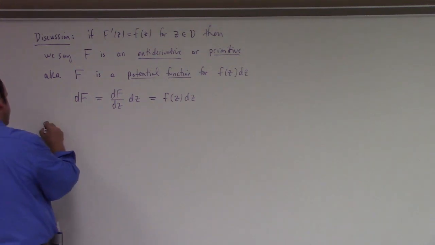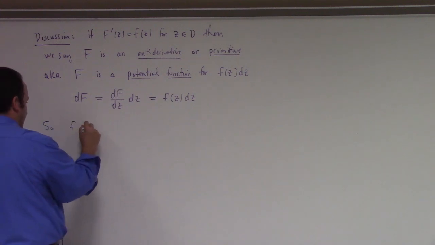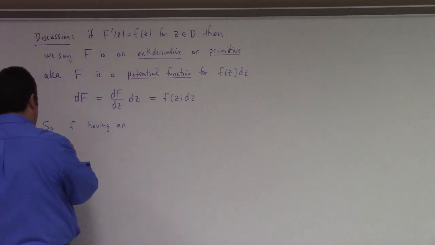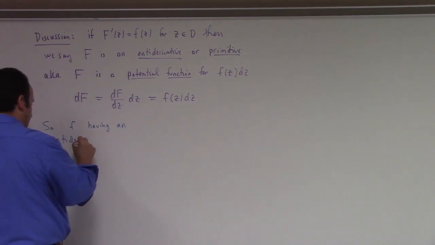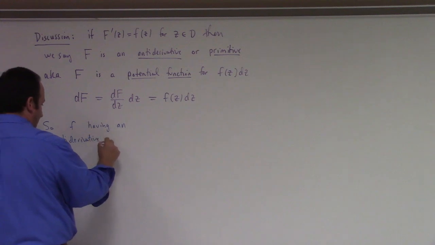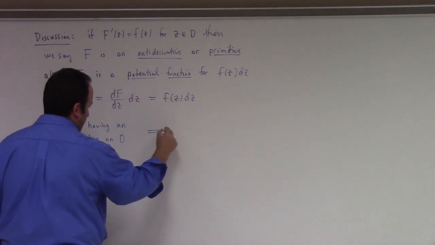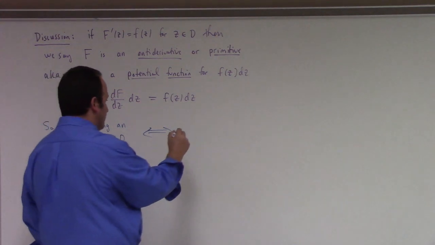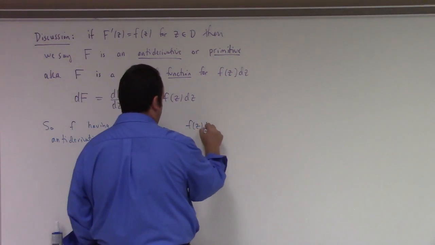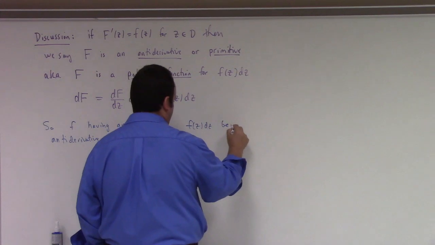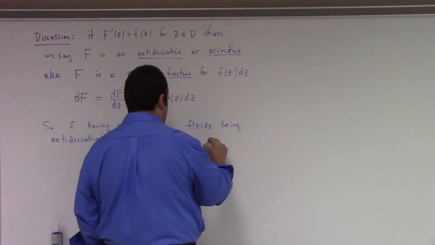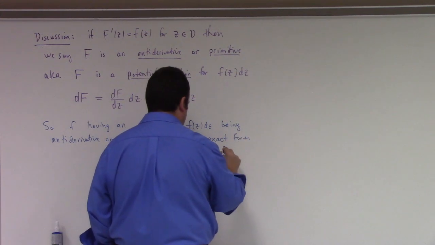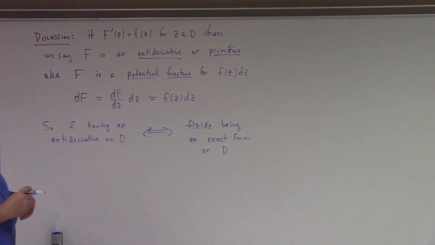So f having an antiderivative on D is interchangeable with f(z) dz being an exact form on D, again, D being a domain.